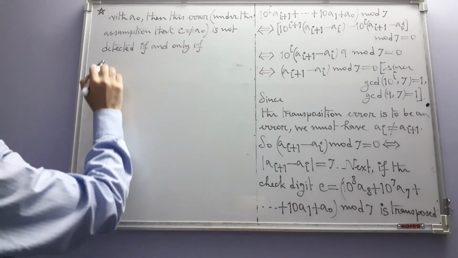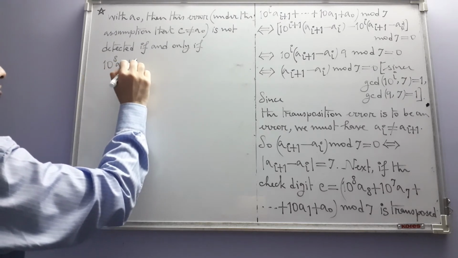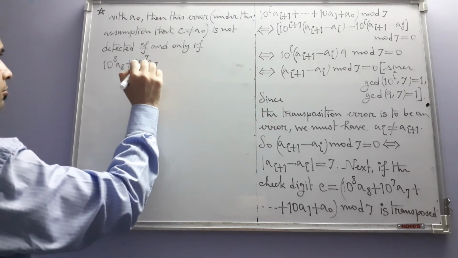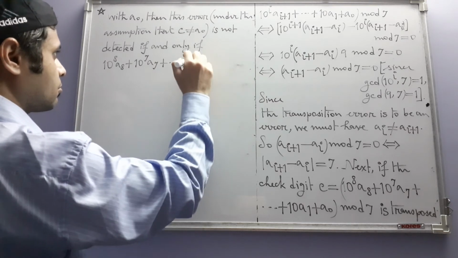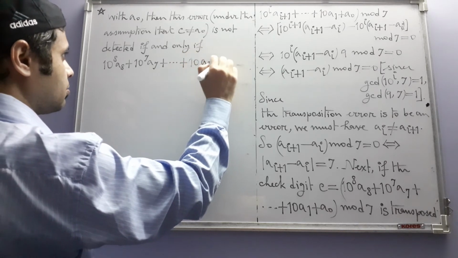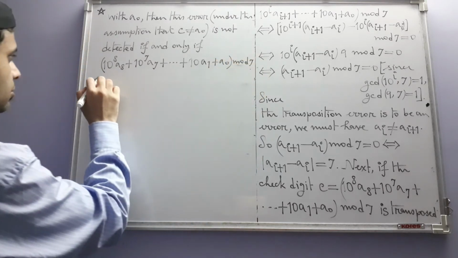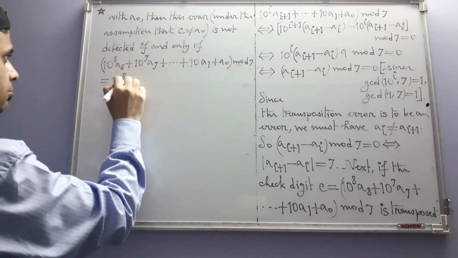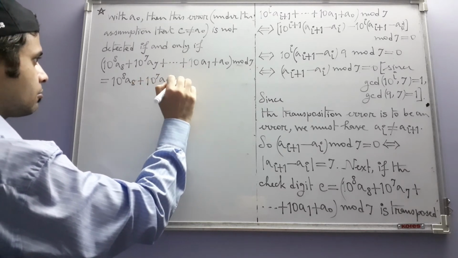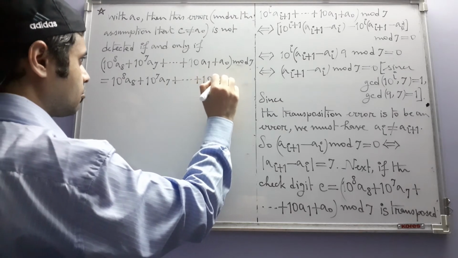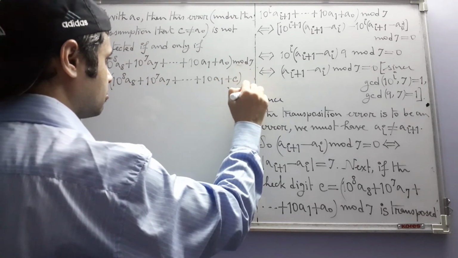if and only if A1 plus A0 mod 7 is equal to this plus C mod 7.